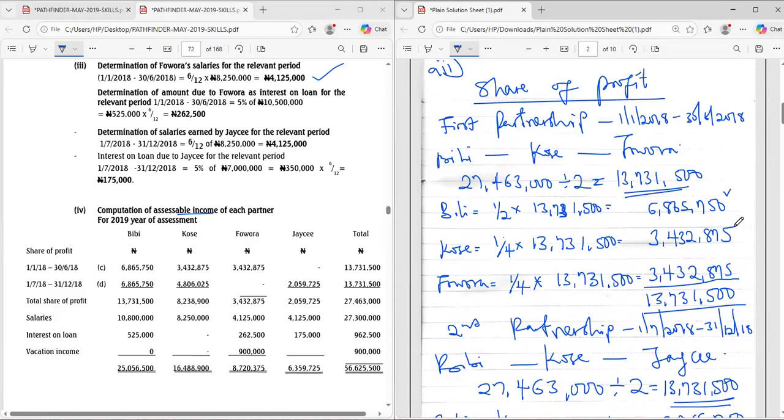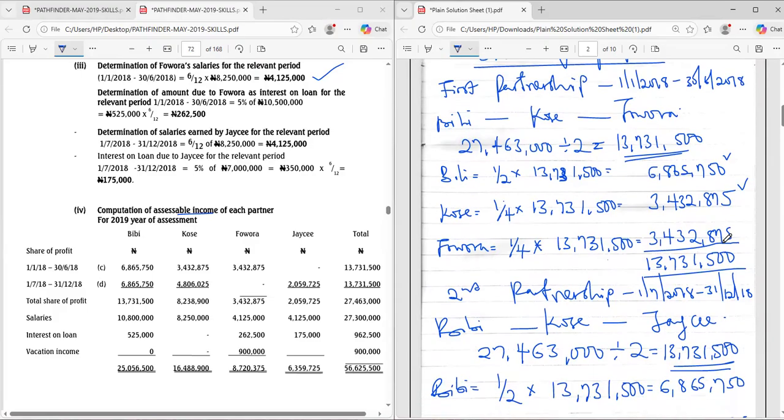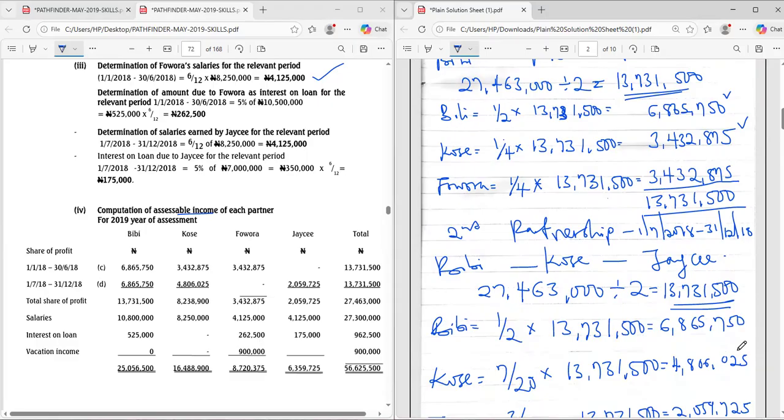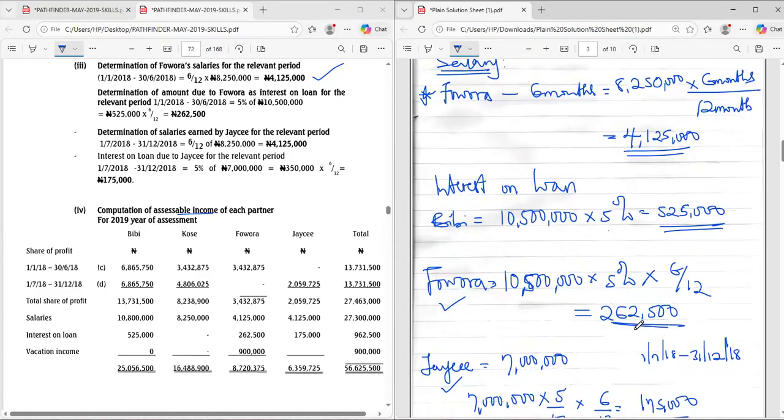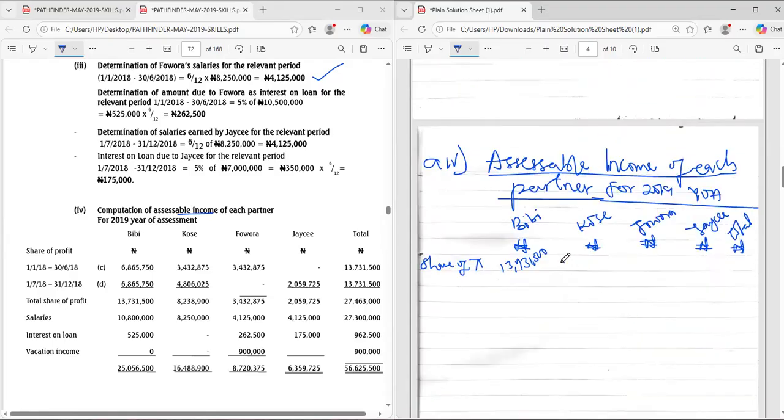Crochet was 3.4. Yes, add it to the next one. Give me the total figure. Let me add up. 8 million.